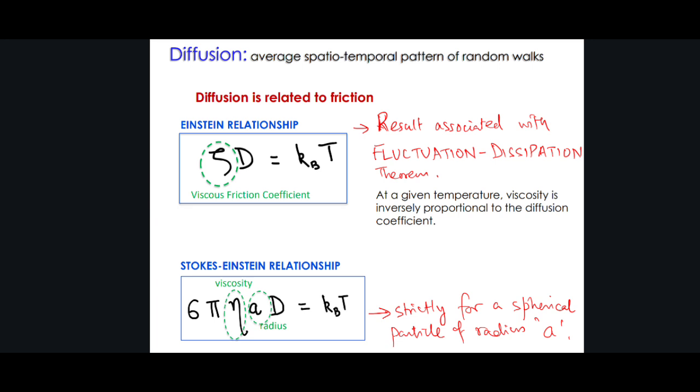So when I say a protein of a certain radius, I'm assuming it's a sphere. So this strictly holds for a sphere, but nonetheless, we are going to use this relationship: if the diffusion coefficient is supplied to us, then we can get the viscosity, or if the viscosity is supplied to us and we know the temperature, we can get D. From D, we can have some estimate of the movement of the particle, of the squared movement of the particle. Okay.